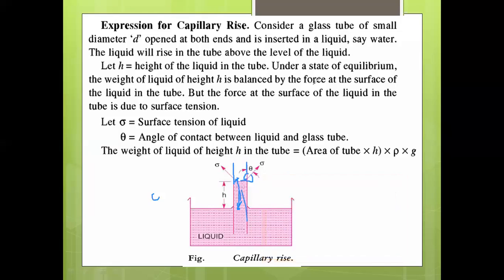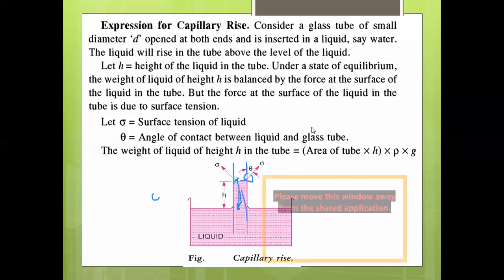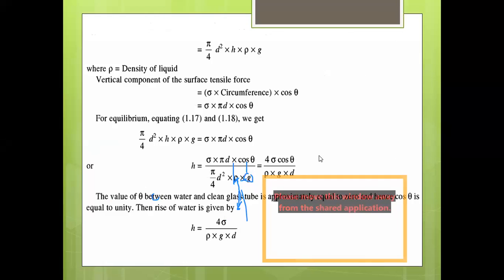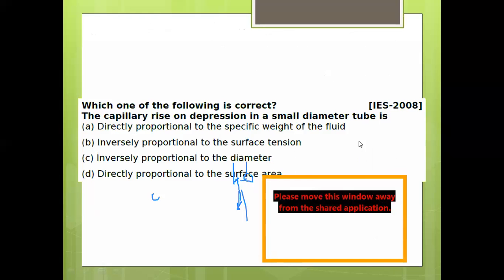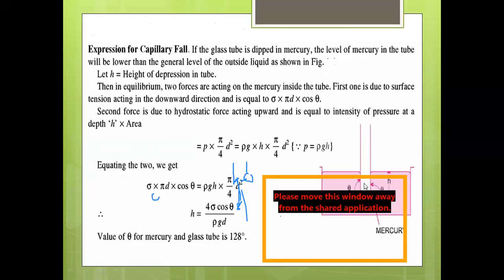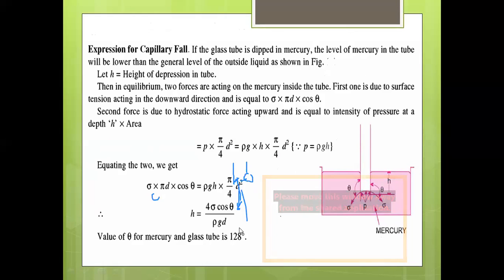But in case of the capillary fall or capillary depression, what happens? The cohesive force will be greater than the adhesive force, and you can observe such a depression inside mercury. That is called capillary fall or capillary depression. The value of theta, that is the angle, is 128 degree or sometimes 130 degree can also be taken.